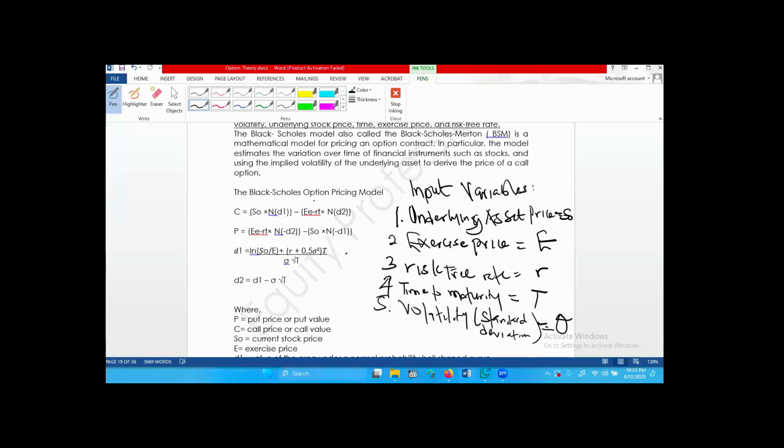For your d1, this is equal to ln bracket S0 divided by capital letter E, plus open a bracket r plus 0.5 multiplied by standard deviation squared, that is volatility squared.